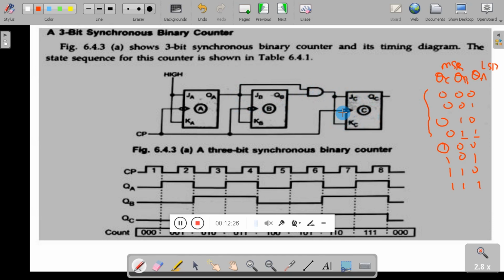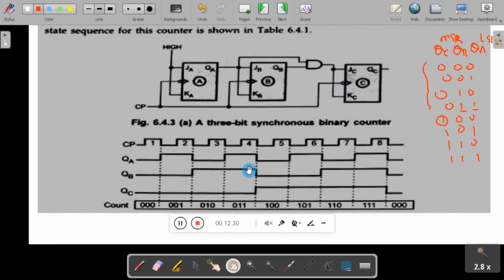Now we'll move to the waveform. This is the clock signal. We are using the negative edge of the clock. The output of the first will change during the negative edge; even though it is synchronous or asynchronous, the waveform remains the same. Now the output of the first will act like a clock to the second.